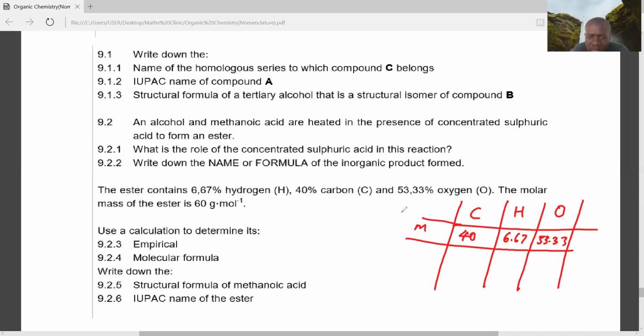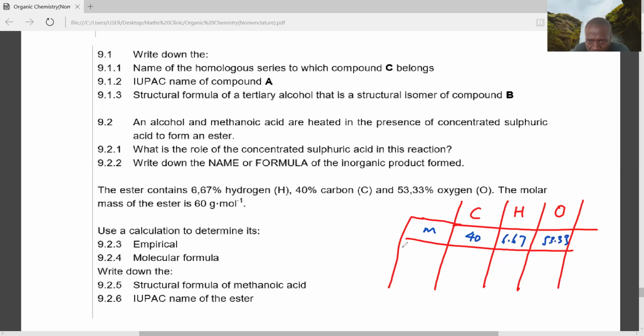Now let's calculate the number of moles.